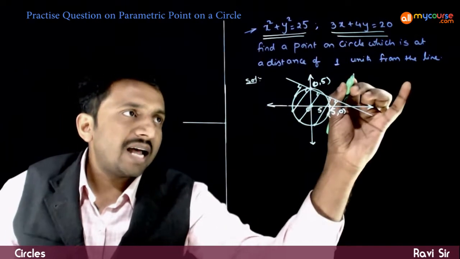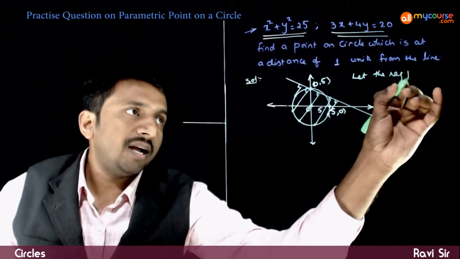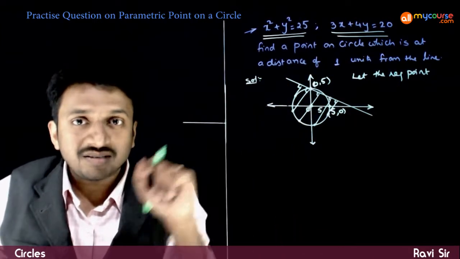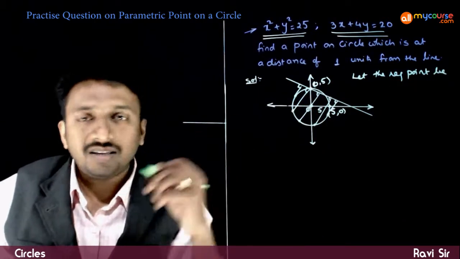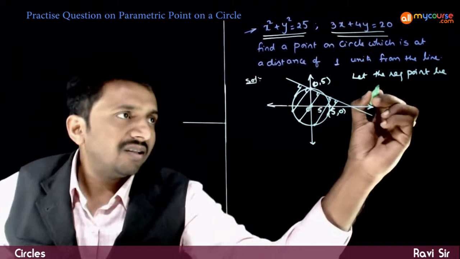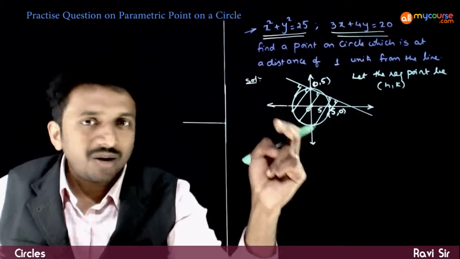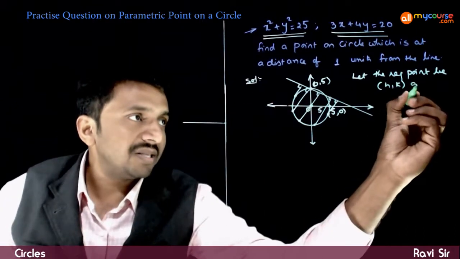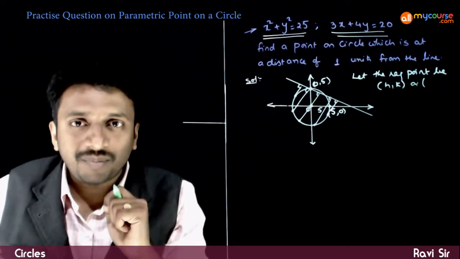So you can start with, let the required point, because you're asked to find the point which satisfies this condition. Let the required point be h, k, which is on the circle. Or you can also assume this as r cos theta, r sin theta, if you want to use the parametric form.